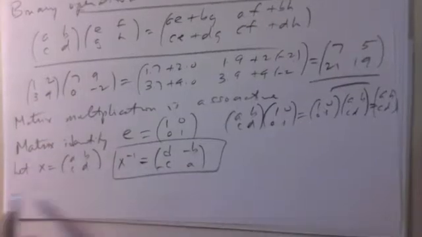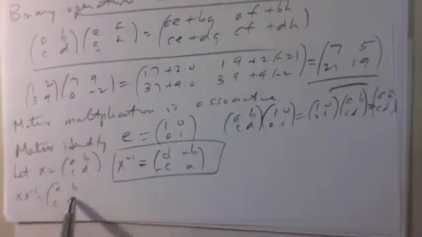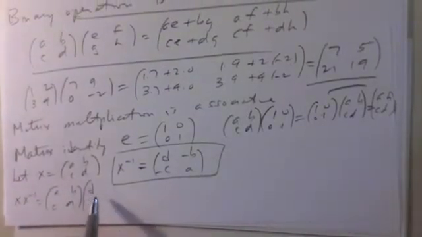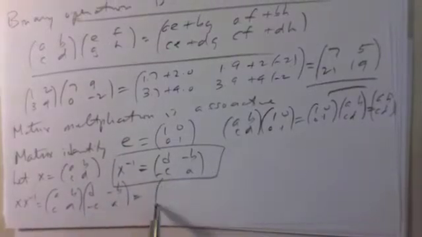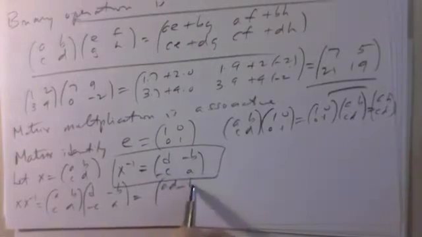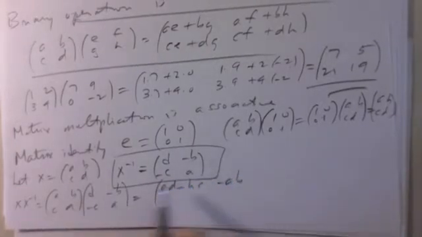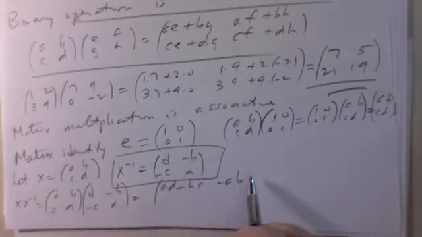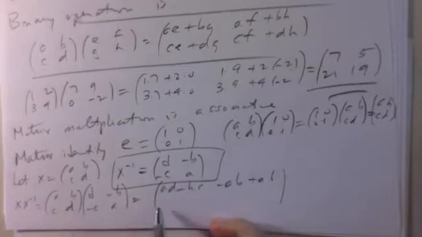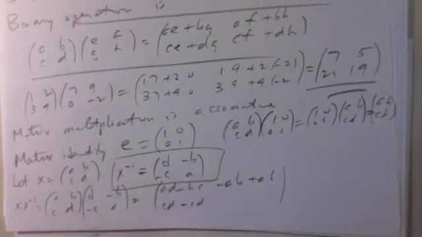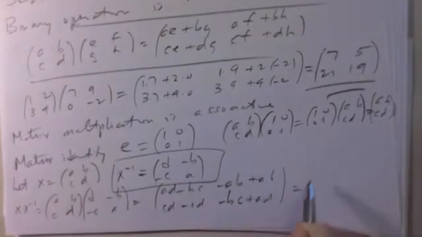So what happens if I multiply X times X inverse? I have A, B, C, D times D, minus B, minus C, A. So I get AD minus BC, minus AB plus AB, CD minus CD, minus BC plus AD.